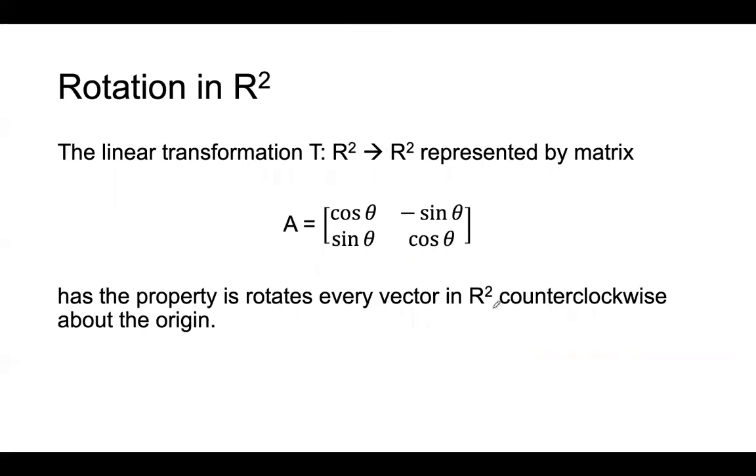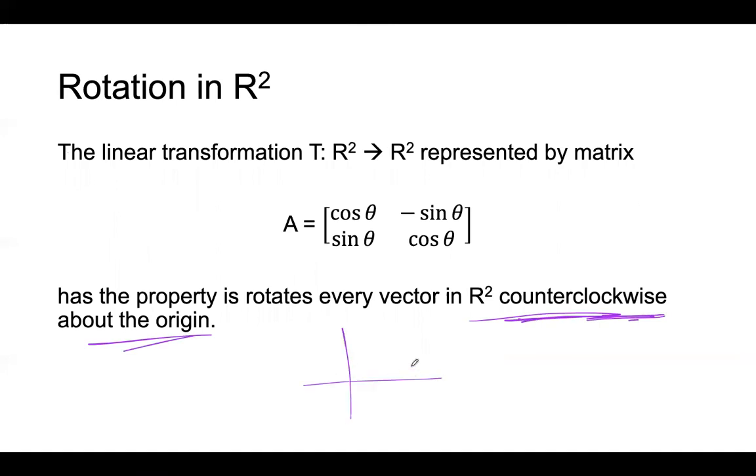So you can see how it gets mapped to the next space. There are also rotations. I won't stress this. Linear transformations from R2 to R2, and you can also do R3, can rotate vectors and are represented by this matrix: cosine of the angle, minus sine of the angle, sine of the angle, cosine of the angle. It has the property that it rotates counterclockwise about the origin.